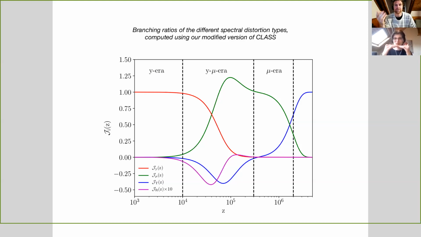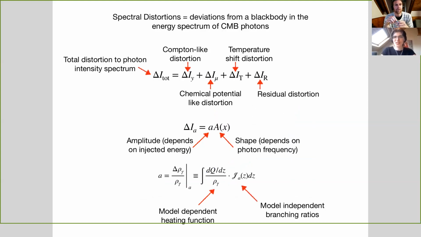Okay, so a positive is more energy, averaged over all frequencies in some way? Yeah. To really get how this is related to the frequency, you would then need to see the shape of each individual distortion. I don't actually have the shape here. If I go back to the previous slide, the branching ratio is just these J functions, but then you have these shape functions, and the shape functions really tell you how it depends on the frequency.